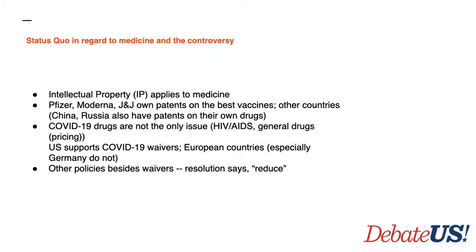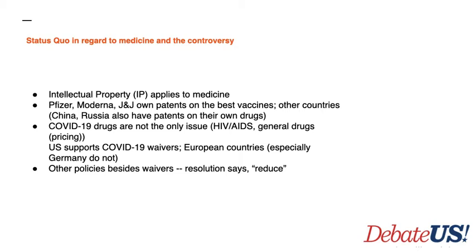In terms of the resolution, the United States itself supports what's called a COVID waiver. The United States supports that the intellectual property protections on these drugs would be waived, or should be waived, so anybody can access the intellectual property that Pfizer and Moderna and J&J have on these drugs.